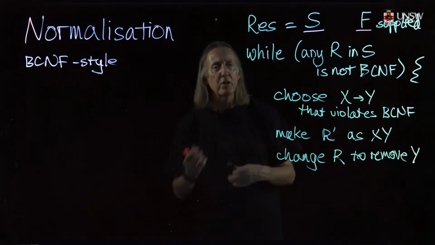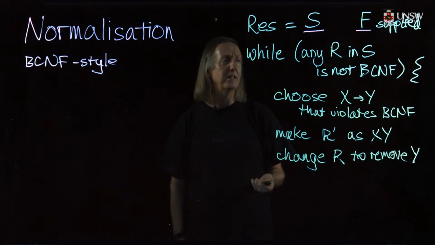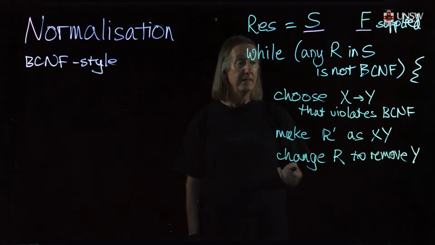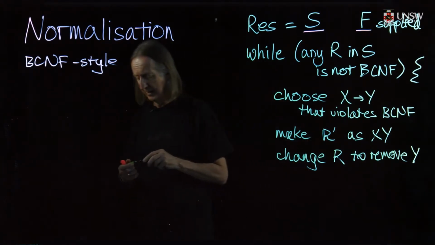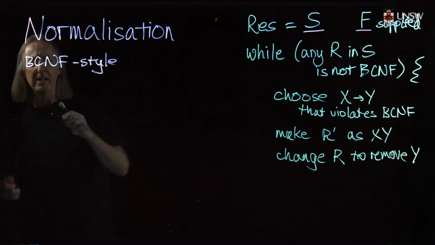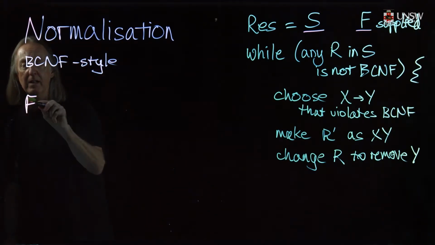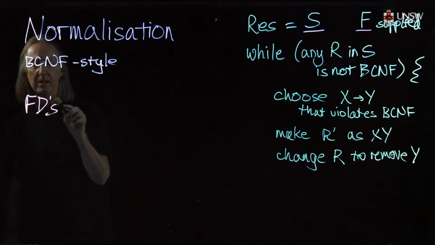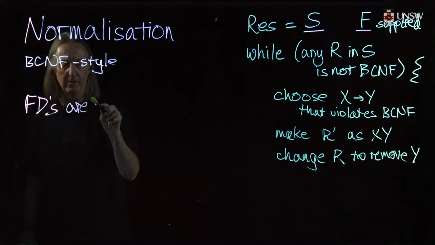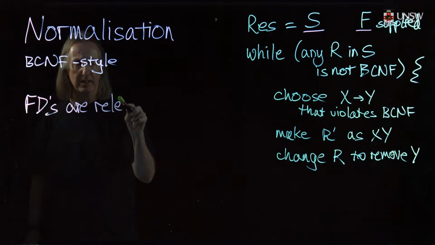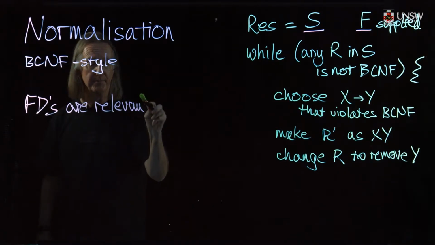And so we're moving closer towards, well, it's not causing a BCNF problem with R. The other thing that I should have mentioned is we have to worry about whether FDs are relevant to a given schema.